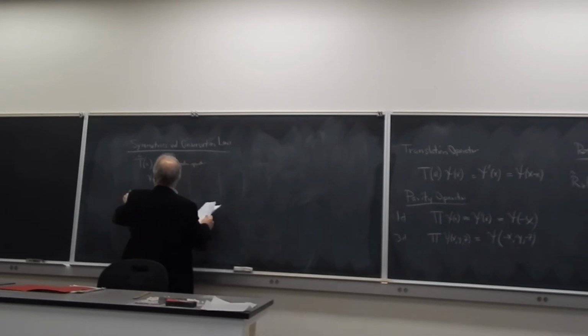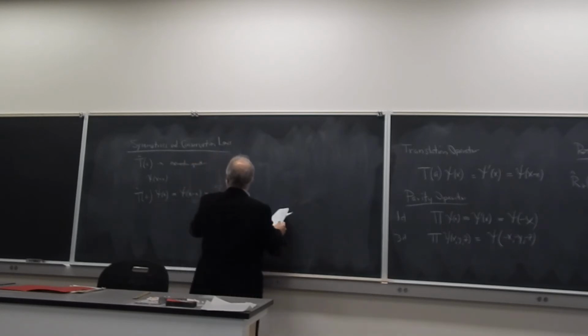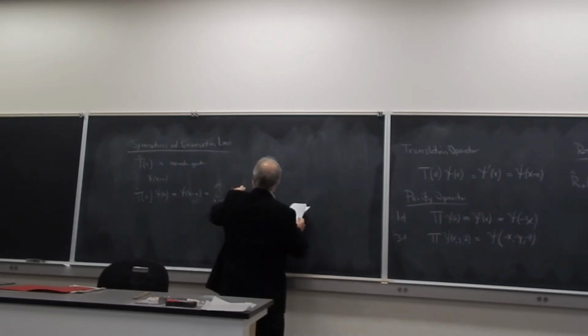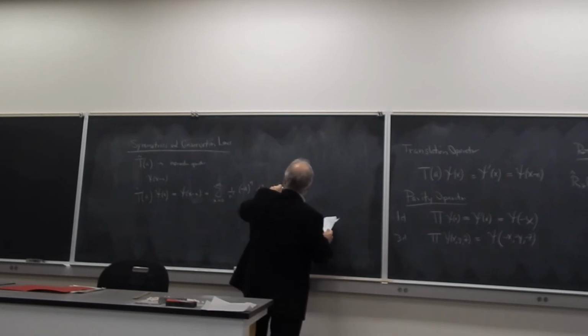So I can say T applied to A, applied to psi of x would be psi of x minus A, and I'm going to write it by its Taylor series. Sum n equals 0 to infinity, 1 over n factorial, minus A to the n, d^n/dx^n of psi of x.